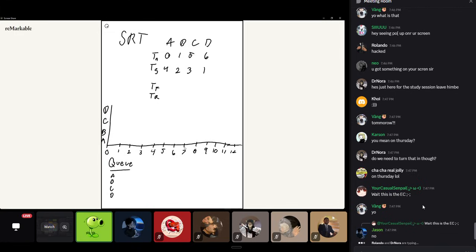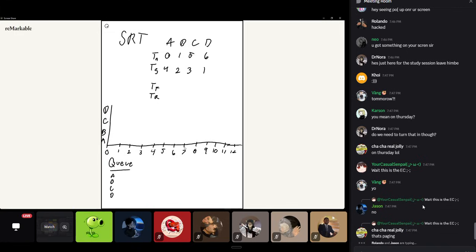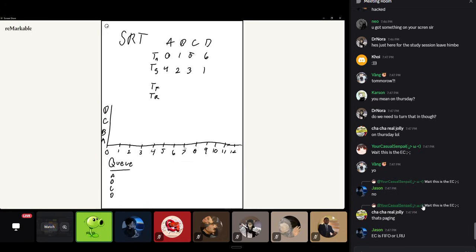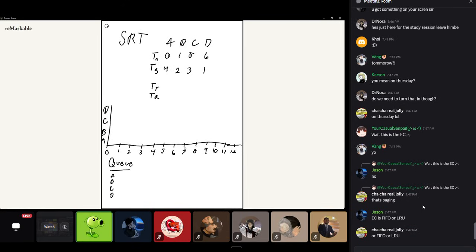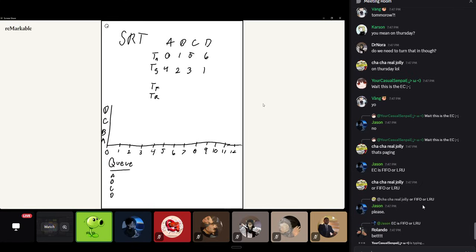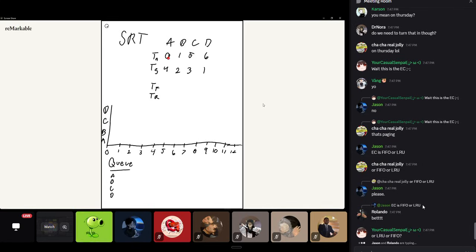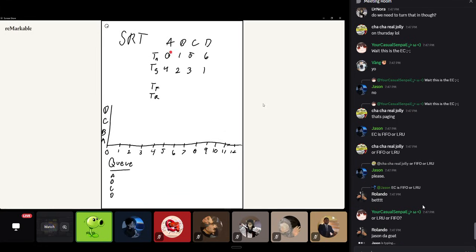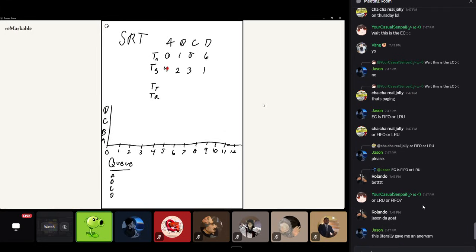Let's start here. Shortest remaining time is all about prioritizing what has the shortest time left as it's being executed. So you're going to have to do a little bit of math in your head to keep track of what is left of our process. Let's start with A. A is going to start at 0 and it wants us to go 4 times.